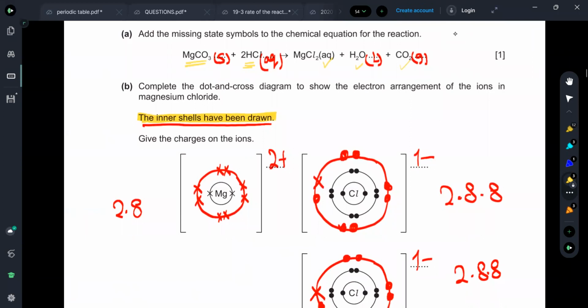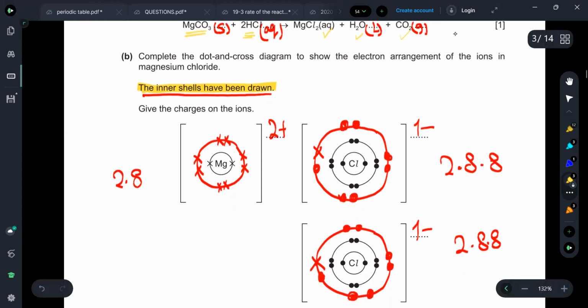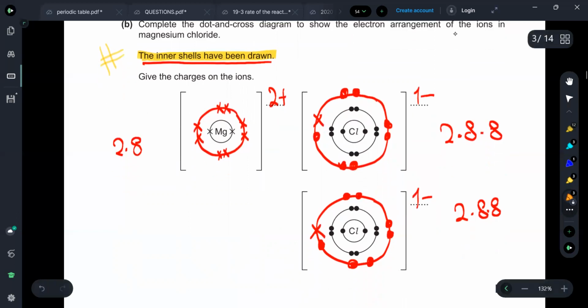Complete the dot and cross diagram to show the electron arrangement of the ions in magnesium chloride. Take care. The question mentions the inner shell has been drawn, so you must draw the rest of the shells. The magnesium ion is 2,8 electronic configuration, with charge positive 2. The magnesium atom is 2,8,2. Magnesium loses 2 electrons from the outer shell to become a positive ion, so the new electronic configuration is 2,8.